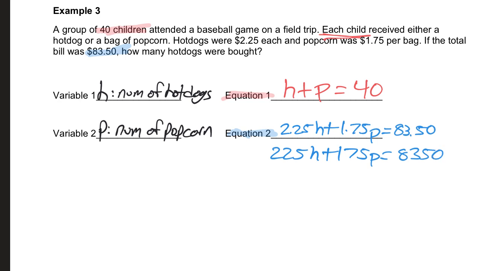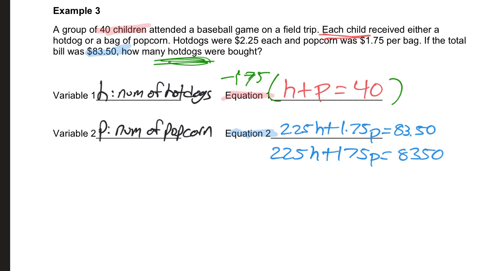Now, because it's asking for the number of hot dogs, I want to eliminate the popcorns. So if I have 175 popcorns right here, I want to multiply this by negative 175. Actually, I don't need the decimal point there because we are doing the whole amount, not the cost.